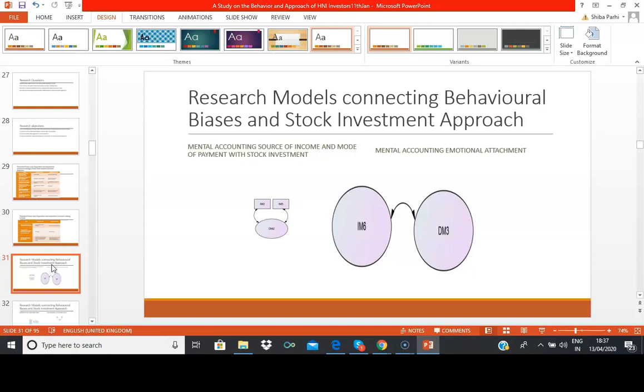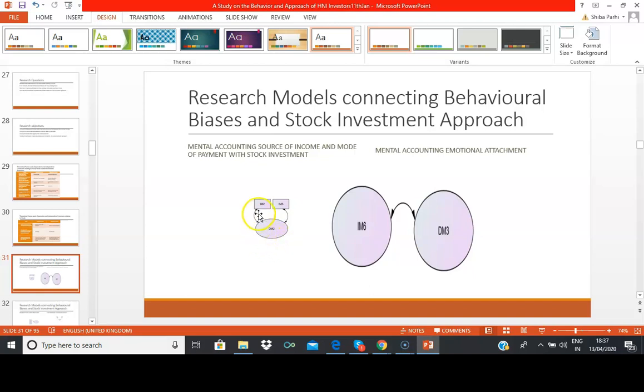So here if you look into the research model, the first model is about mental accounting. The mental accounting in the behavioral biases, how they are controlling, how they are getting associated with the behavioral investment pattern in terms of mental accounting. On the basis of mental accounting, how his behavior is getting changed in the stock market investment.